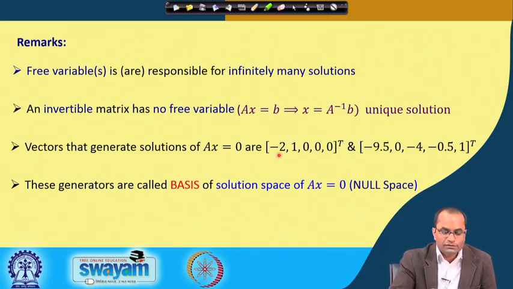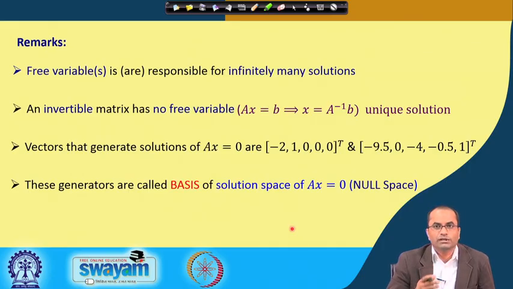So, these generators which we have just seen before are called the bases because these are the main component, that is, generators of the solution. So, these are called bases of the solution space. Again, one more term has come.